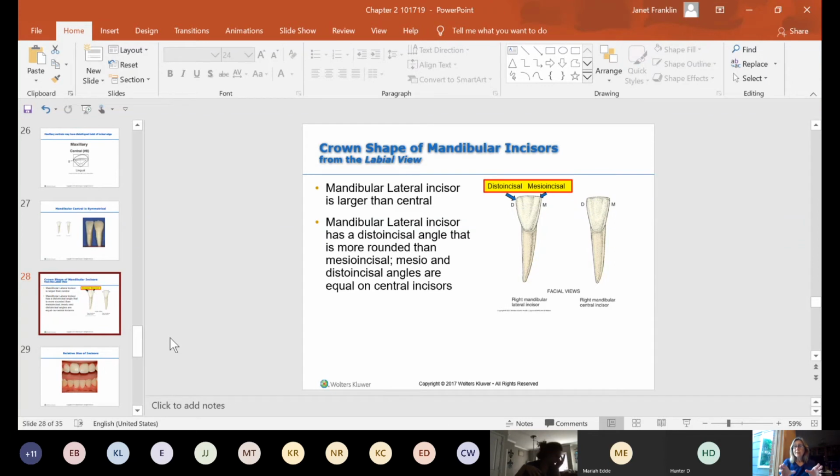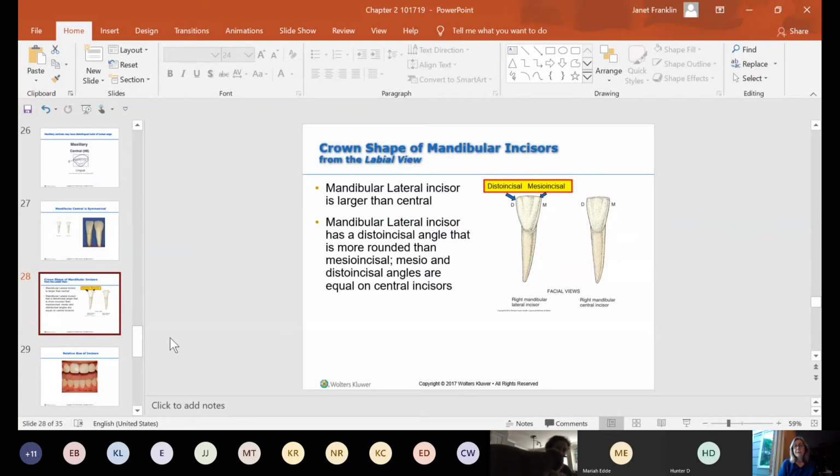If you've got 2 wider crowns and 1 narrow crown, they've probably taken out a central incisor. If you've got 2 narrow crowns and 1 wide crown, they've probably taken out one of the lateral incisors. So you can kind of go from there as to which tooth has been extracted. The mandibular central incisor is narrower than the mandibular lateral incisor.